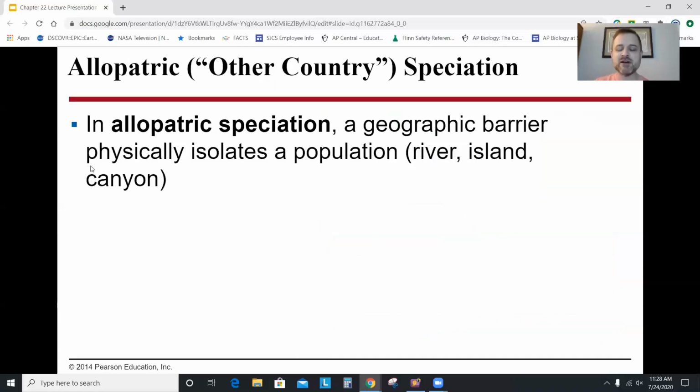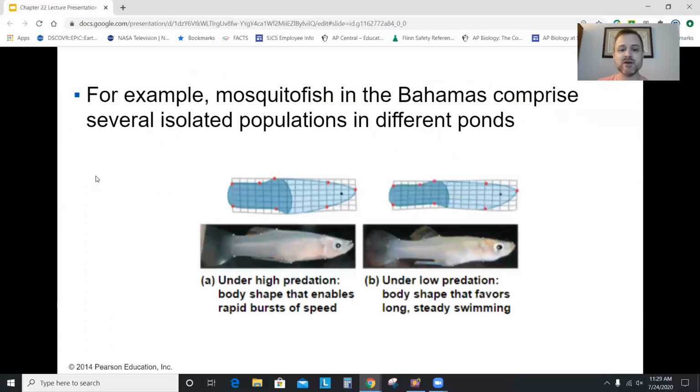So let's go through some examples. So allopatric, a river could separate them. One could be on an island, a canyon, you have a mountain form between them, where the 2 populations don't encounter each other anymore. An example, so this is showing a mosquito fish in the Bahamas, and based upon what pond they are in, the predators could be different, and there's different body shapes. There's this sort of thicker body shape and then the more streamlined body shape.